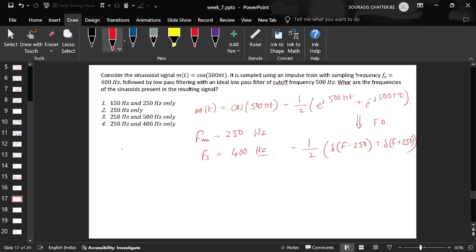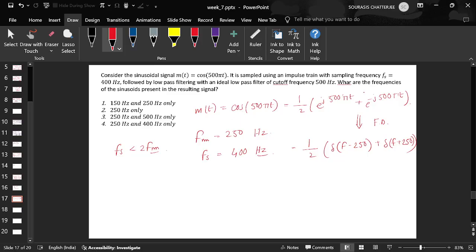So you can see that fs here is less than twice fm, as twice fm is going to be 500 hertz and the sampling frequency is less than that. So in this case you cannot get the undistorted signal, there is going to be aliasing, that is, overlap between the spectral copies, so you are going to lose information. It may not be relevant in terms of the question, but it is just an observation I made here.